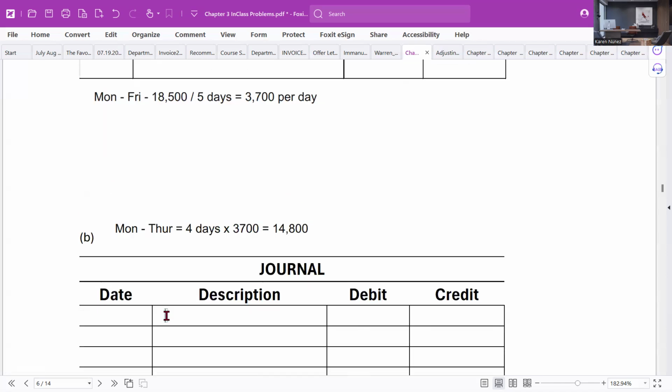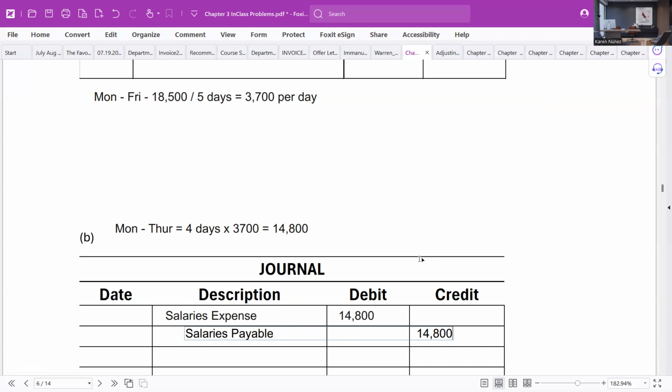So now we're going to do the same thing we did in part A. It's the same basic transaction. We're going to debit salaries expense for $14,800. And we're going to credit salaries payable for $14,800.